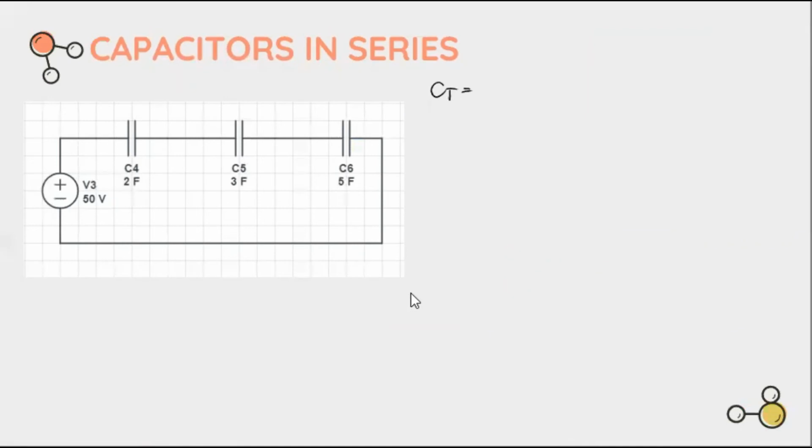So sabi natin 1 over C1 plus 1 over C2 plus 1 over C3 raised to -1 is our equation for total capacitance in series. So 1 over 2 farad, okay, plus 1 over 3 farad plus 1 over 5 farad raised to -1.